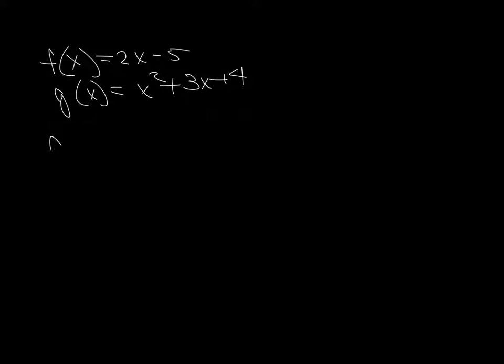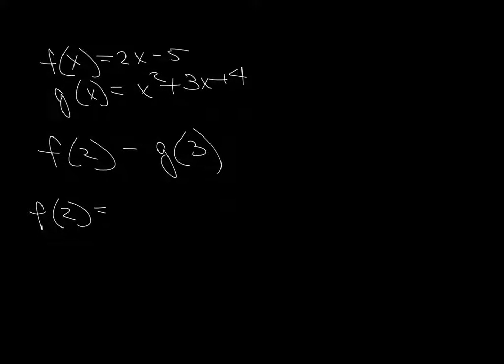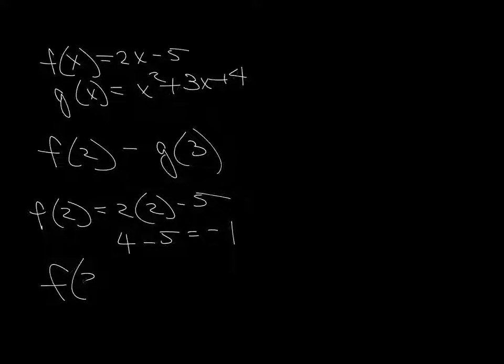Number 10 says take f of 2 and subtract g of 3. So we'll take f of 2. F of 2 equals 2 times 2 minus 5, which equals negative 1. So f of 2 equals negative 1.